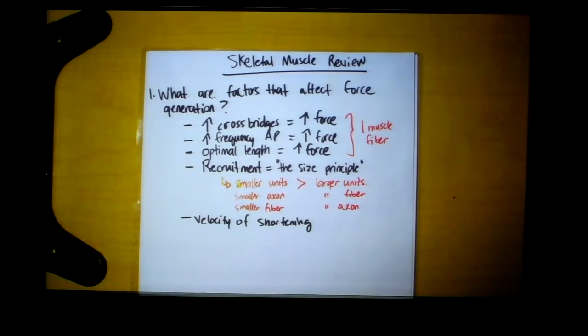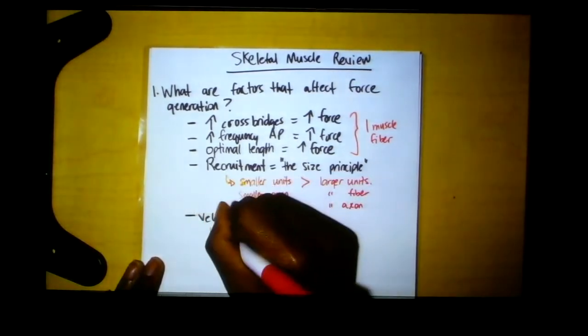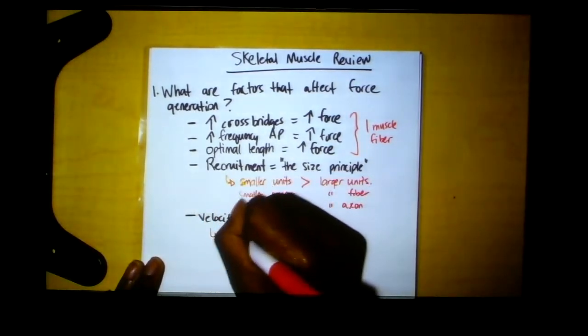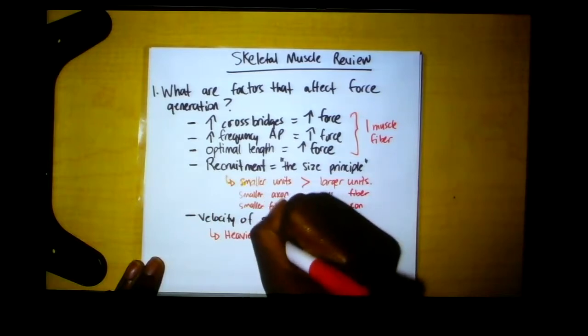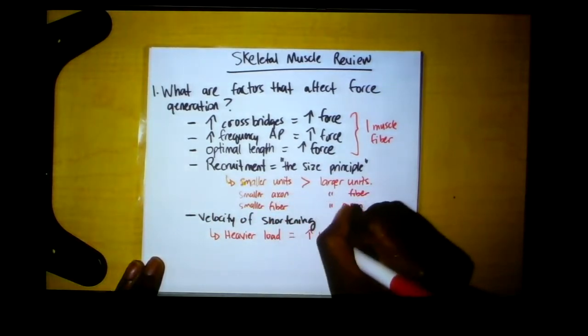So if I'm lifting a box that's full of books, what's going to happen in terms of how fast I can do that? So we said a heavier load, i.e. a heavy box or a full box, is going to have an increased latent period.